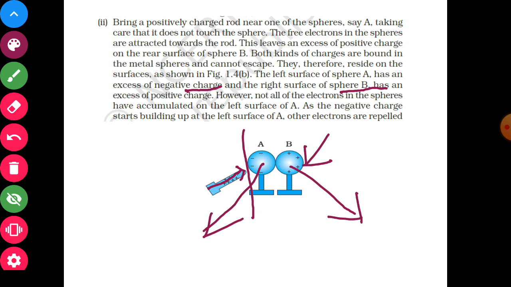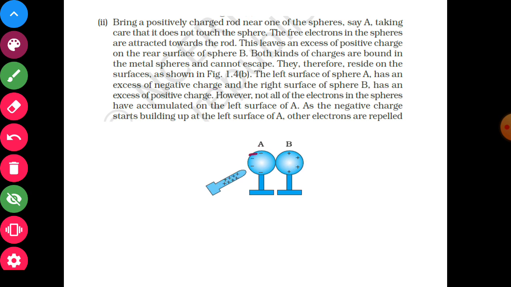However, not all of the electrons on the spheres have accumulated, as I have mentioned. All the electrons are not going to come here. As the negative charge starts building here, when new electrons come, this negative charge is not going to allow them because they repel each other.